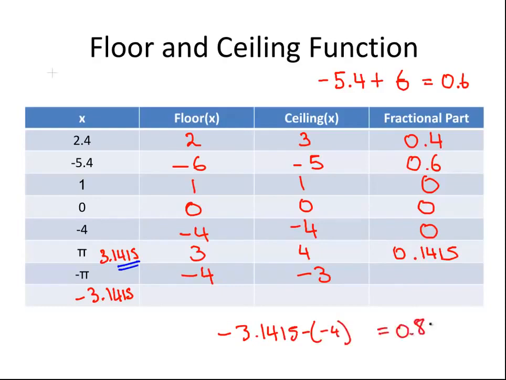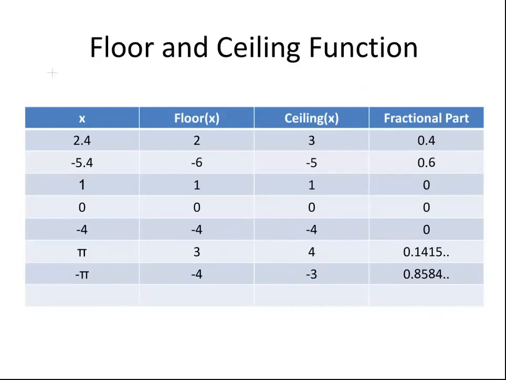That works out to be 0.8584, I'm just reading it off a computer, so I'm not going to round it. Those are the answers there. Again, you can pause it if you want to make a note of them. And that ends our presentation.